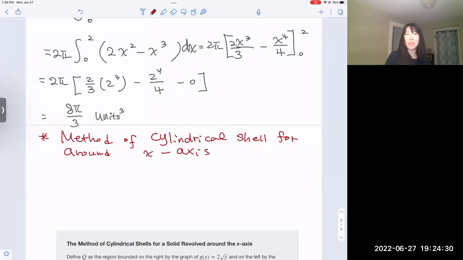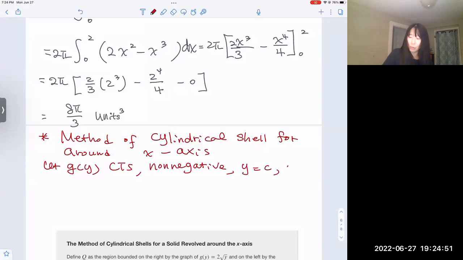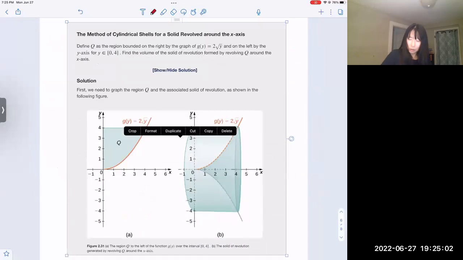Around the x-axis means rotating about the x-axis, right? So g of y, they said let g of y be continuous and non-negative, and they have the interval y equal to c and y equal to d. Now they have the rotating about the x-axis.